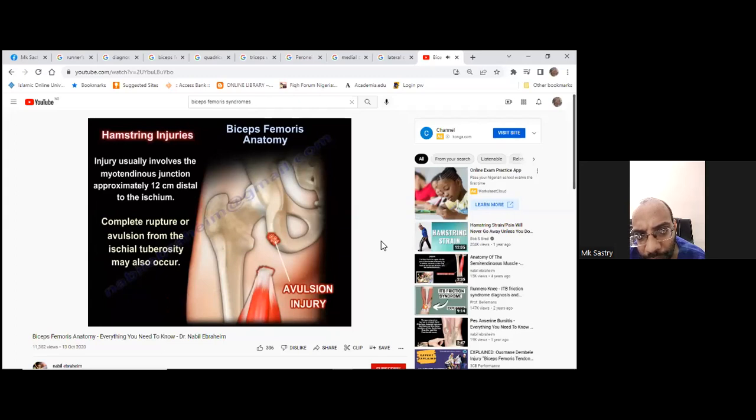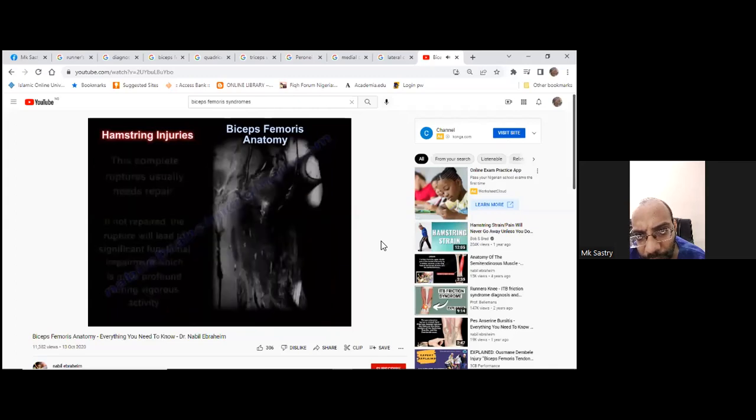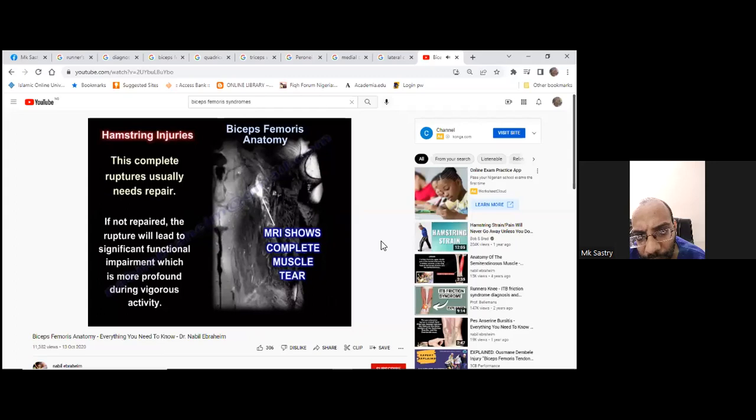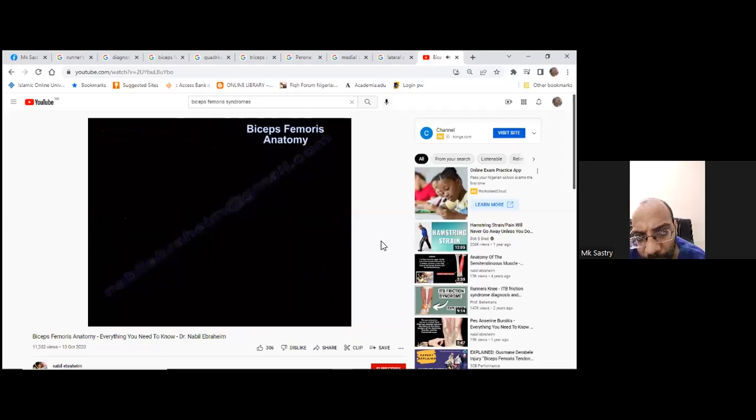Complete rupture or avulsion from the ischial tuberosity may also occur. Here is an MRI that shows complete rupture of the tendon. This usually needs repair. If not repaired, the rupture will lead to significant functional impairment, which is more profound during vigorous activity.